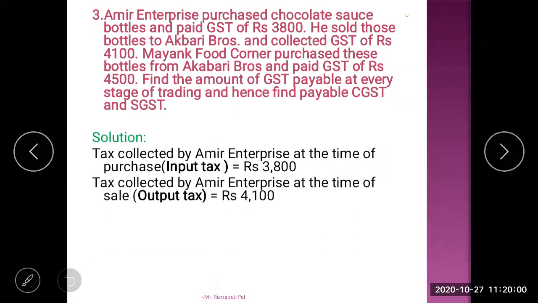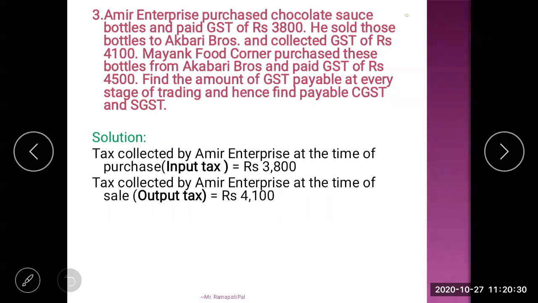So let's write it. Tax collected by Amit Enterprises at the time of sale, that is output tax, 4,100 rupees. Now we have the input tax and the output tax. Now we will find the GST payable by Amit Enterprises. Yes or no? So write down the formula.